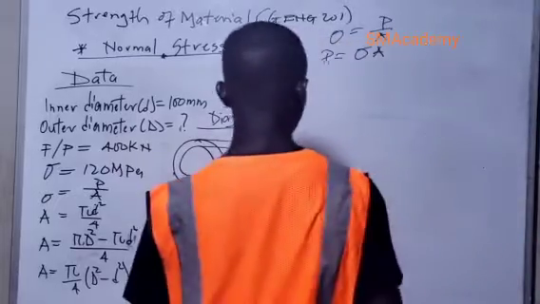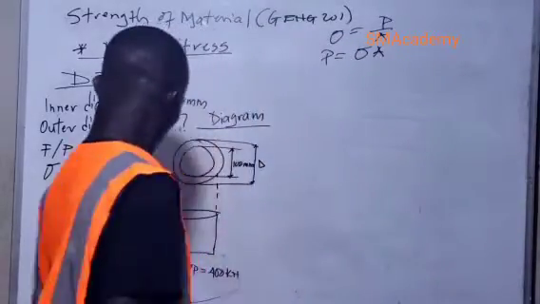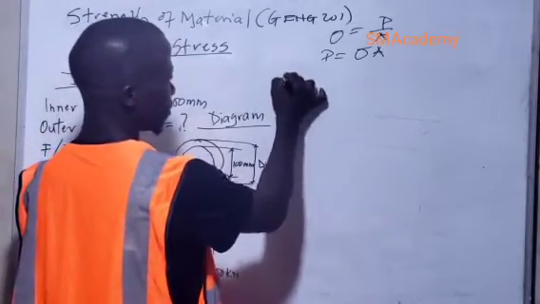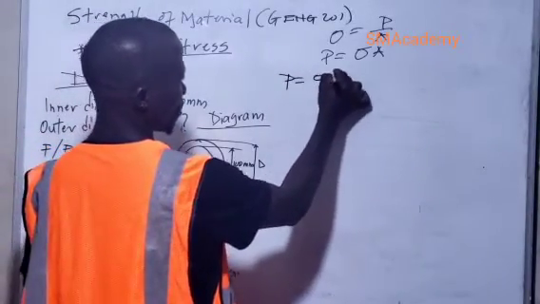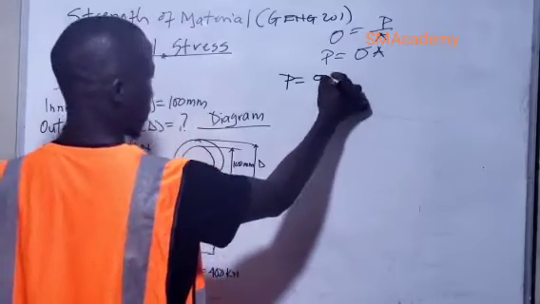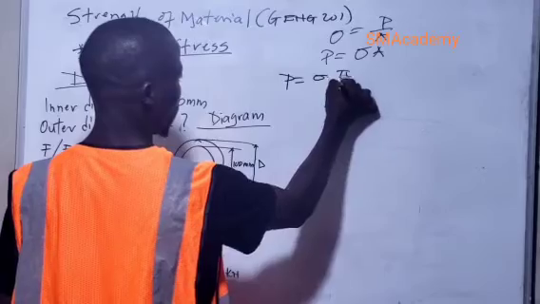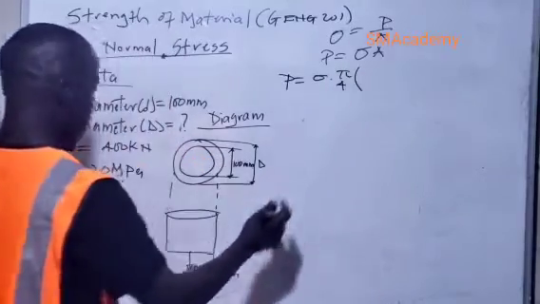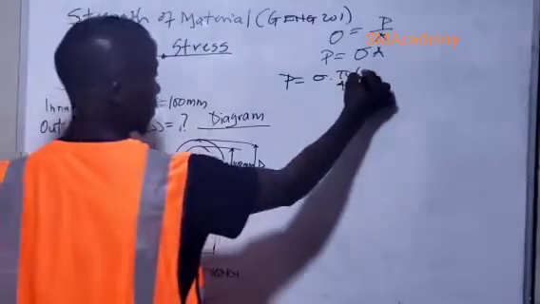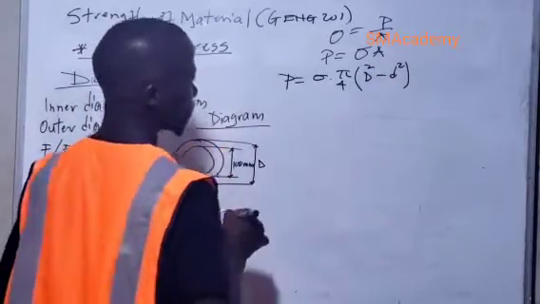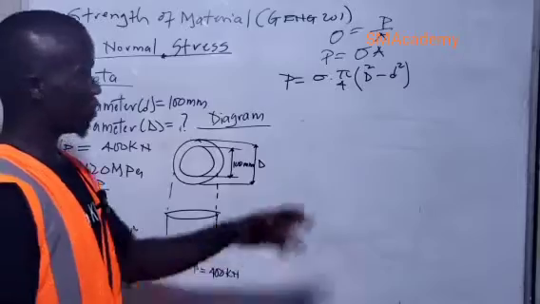We can substitute the area there: the force is equal to the stress times pi over 4, times outer diameter square minus inner diameter square.